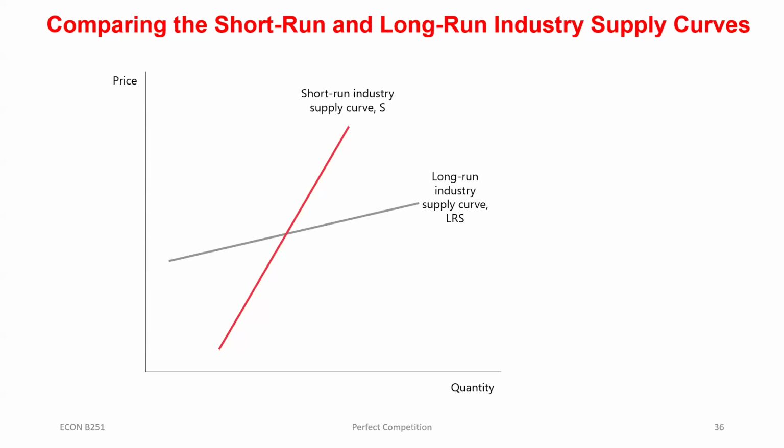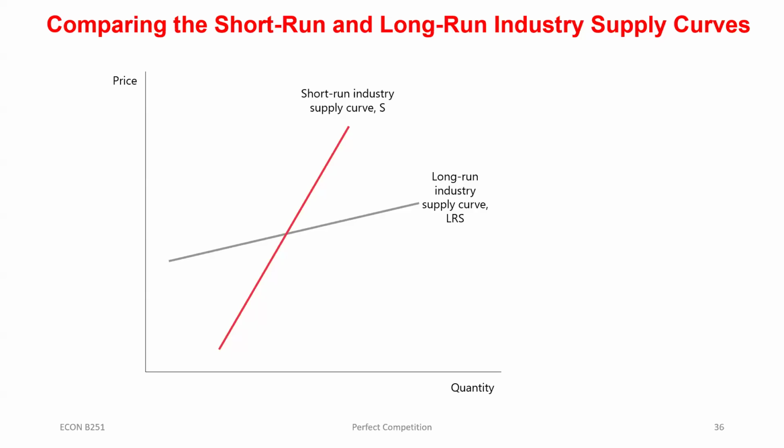So in the long run, I can be more responsive to price changes, or more responsive to things that are changing in that market. If I'm more responsive, my supply curve is going to be more... What is something that measures responsiveness? We talked about in module 4, elastic.